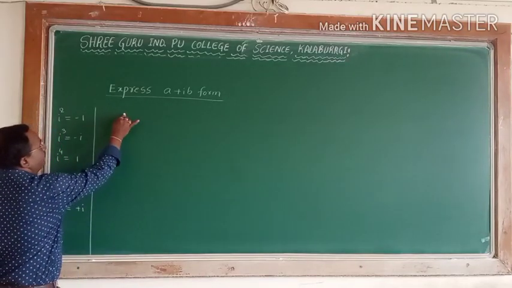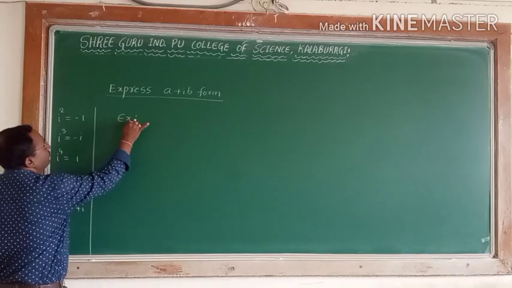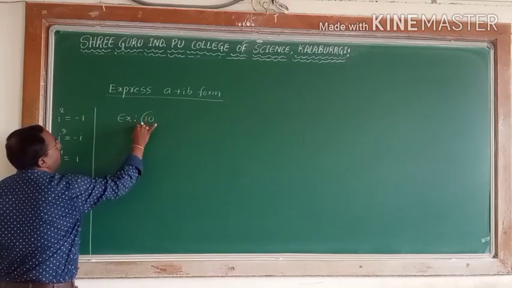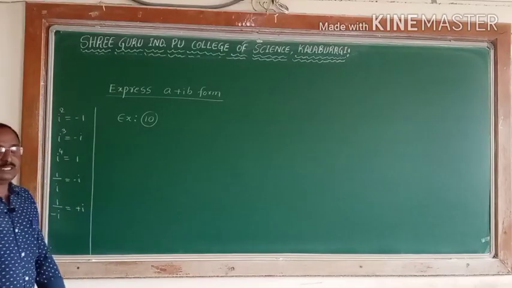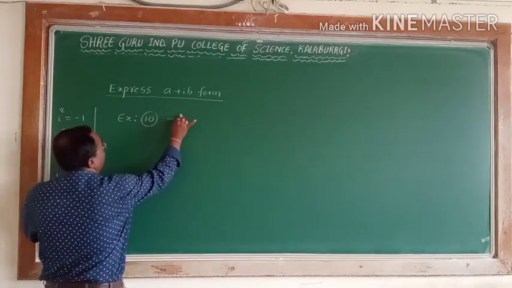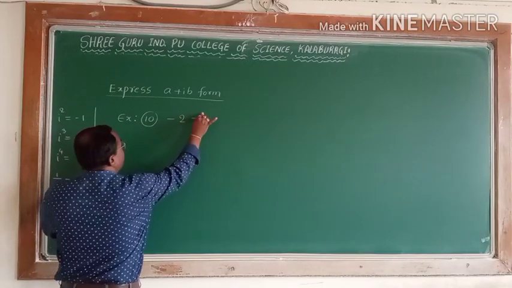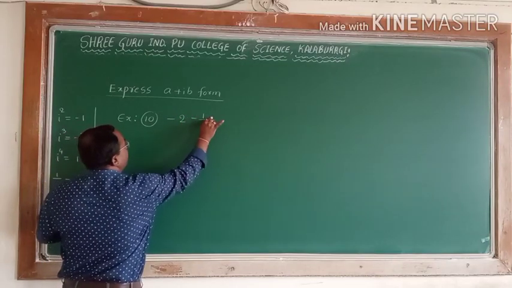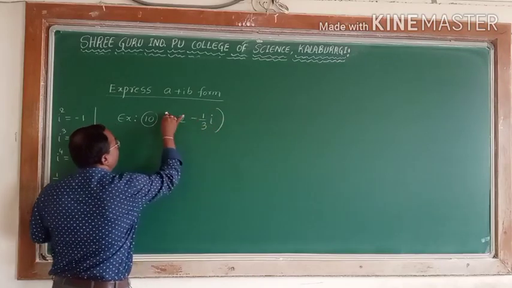Next, example number 10. Express in a plus ib form: (minus 2 minus 1 by 3 times i) whole cube.